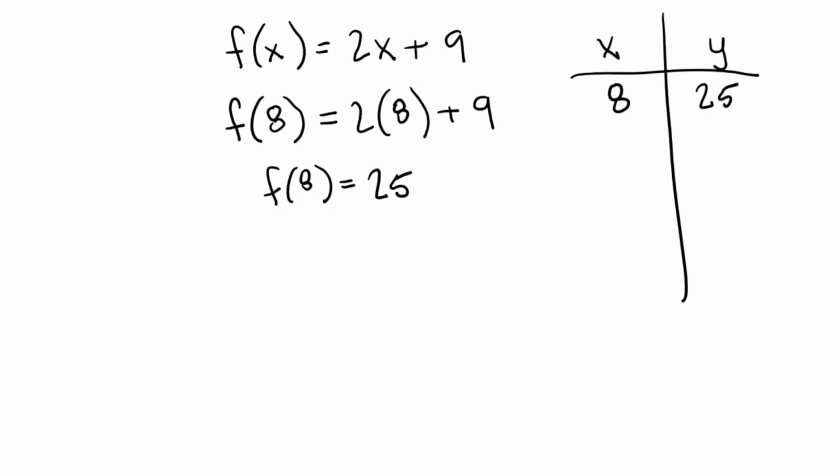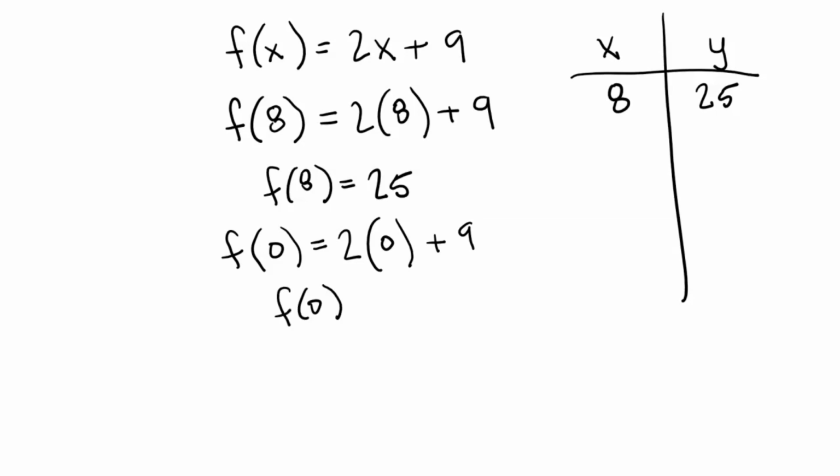Let's say I want to find another one. Let's do f of 0. So f of 0 would be 2 times 0 plus 9. So 2 times 0 would be 0, plus 9 is 9. So that means when x is 0, then y is 9.